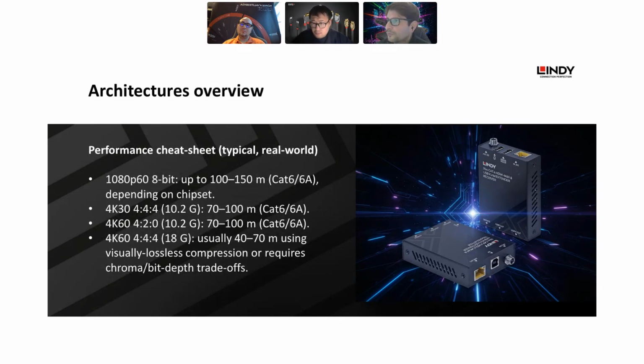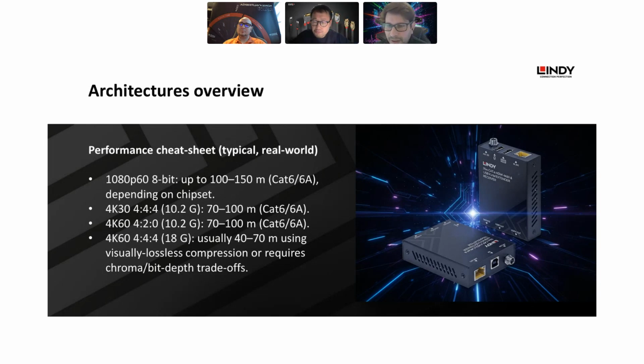The performance of this kind of technology. Full HD, 1080p at 60 Hz, 8-bit, up to 50 and 150 meters on CAT6 and CAT6A cable, depending on the chipset. Sometimes you will find 4K at 30 Hz, 4:4:4, and a bandwidth of 10.2 gigabits, up to 100 meters over a CAT6 or CAT6A cable.